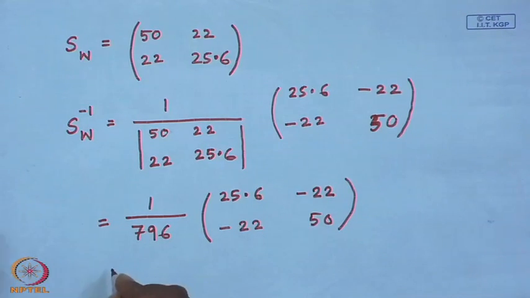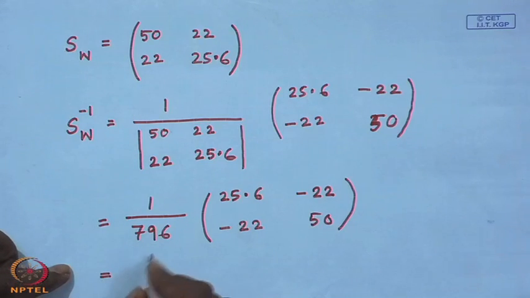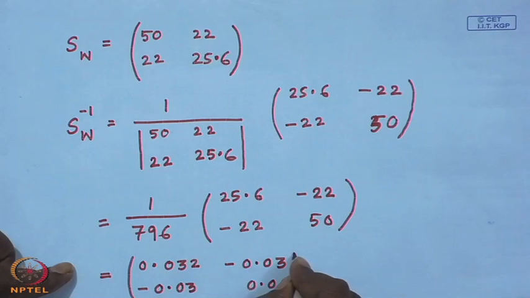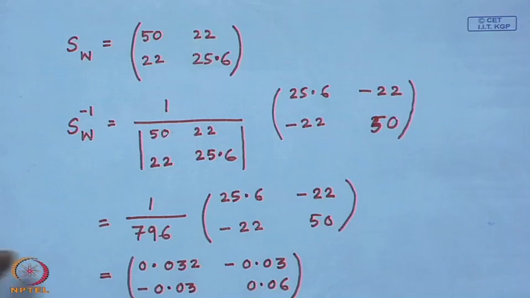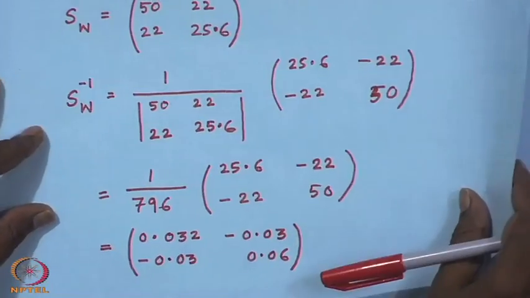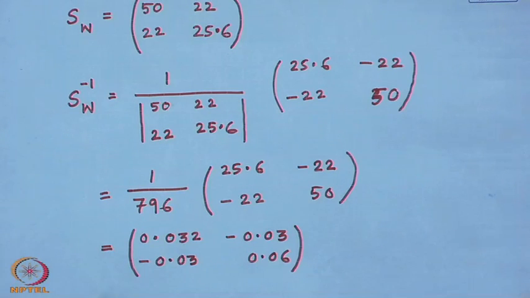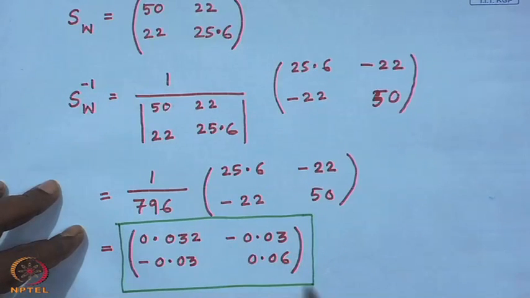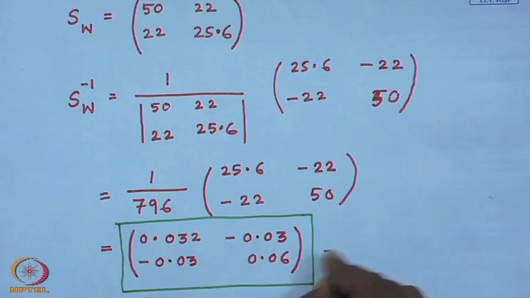And if you complete this computation, the inverse of the matrix will come out to be 0.032, minus 0.03, minus 0.03, 0.06. So SW inverse is simply this. This is the matrix which is important to me, that is SW inverse.